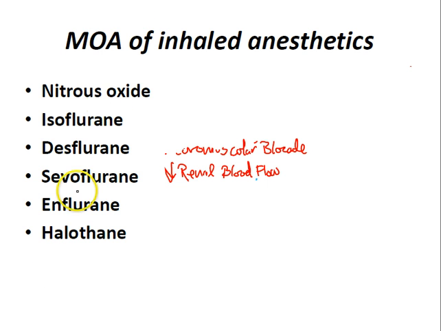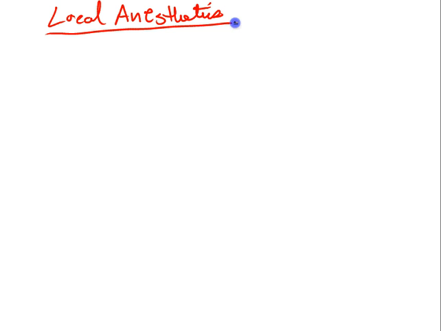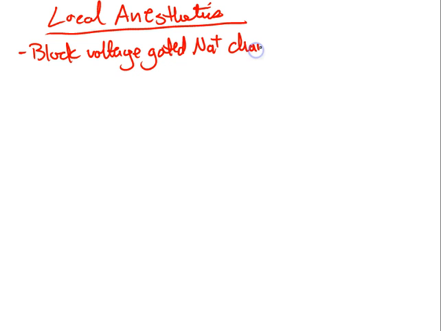All right, now let's talk about local anesthetics. The majority of local anesthetics function by blocking voltage-gated sodium channels, and therefore you're going to disrupt the impulse transmission in pain fibers.